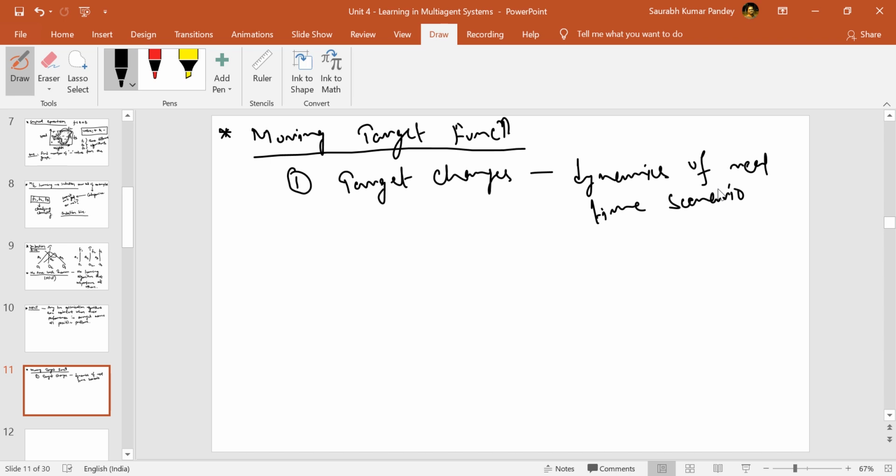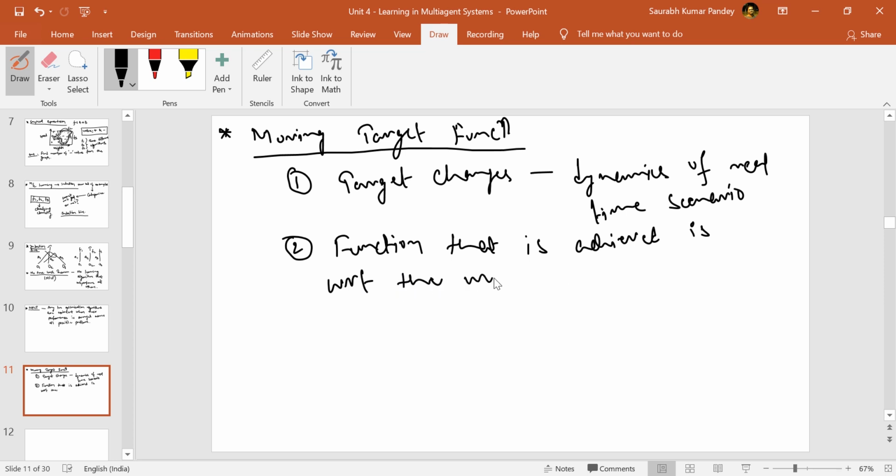The learning algorithm tries to extrapolate from the examples, so the function that is achieved is with respect to the moving target. And this problem is known as the moving target function problem.